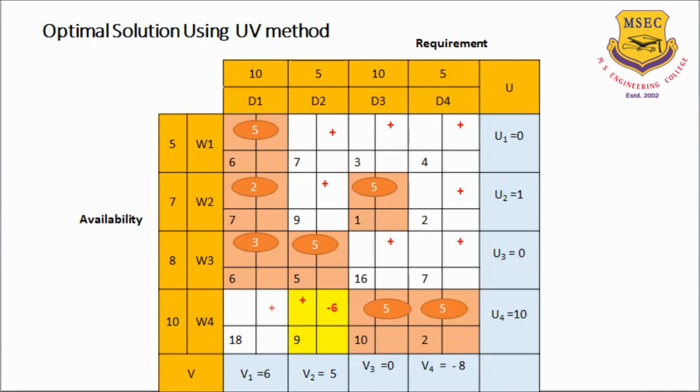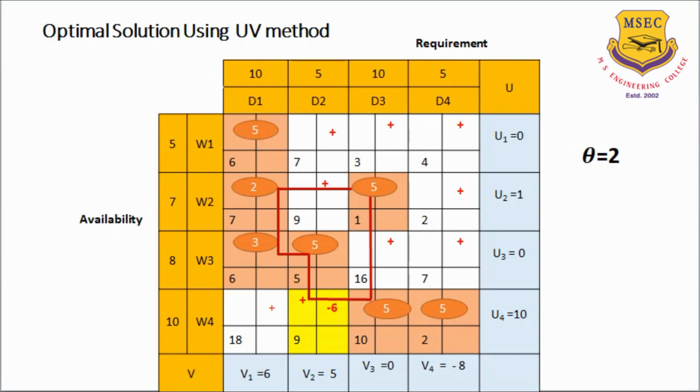If you are adding some value there, again it changes the structure of the matrix. So what is the structure going to change? That means how it is going to be connected. If you are adding in W4 D2, you have to subtract some value in W3 D2, then add in W3 D1, subtract in W2 D1, add in W2 D3, and subtract in W4 D3.